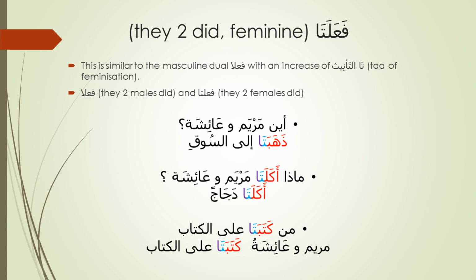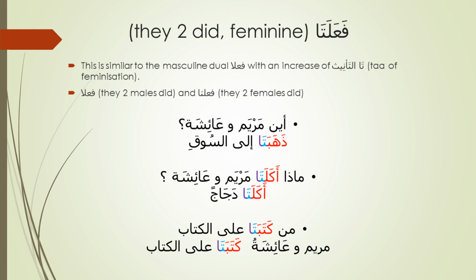The fa, the ayn, the lam, that's our root letters: fa'ala, kataba, akala, jalasa. Then we increase it by a ta to make it feminine, and then the alif makes it dual. In an example, I use different colors. So if you say, Aina Maryam wa Aisha, where are Maryam and Aisha?